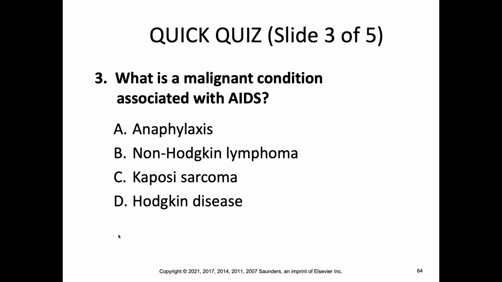What is a malignant condition associated with AIDS? This one is something that you would have probably heard about if you had studied AIDS. If you hadn't, go back and look. But again, thinking malignant condition, this should help you.